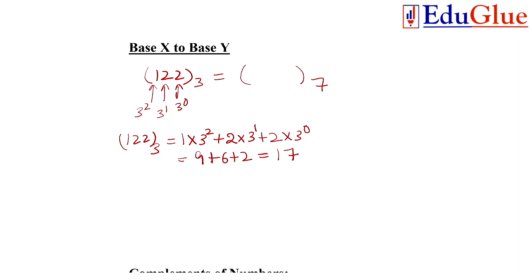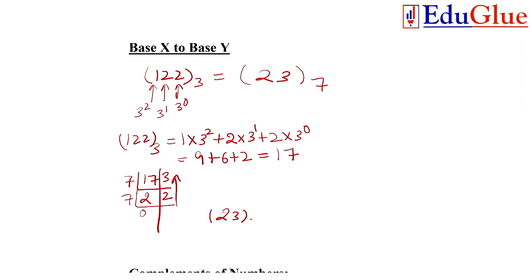Next, to convert it into the new base, we will divide it by this number. Again the same procedure. We will put the quotient over here and the remainder over here. So our number is going to be 23 base 7.